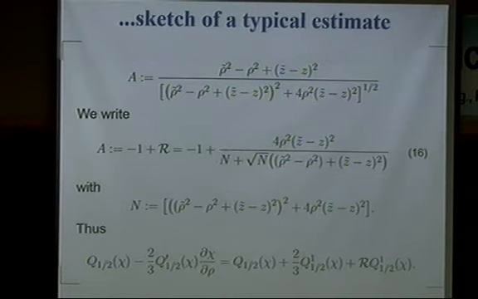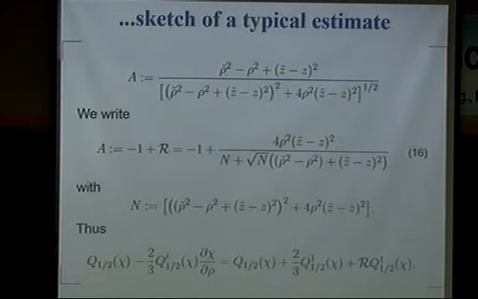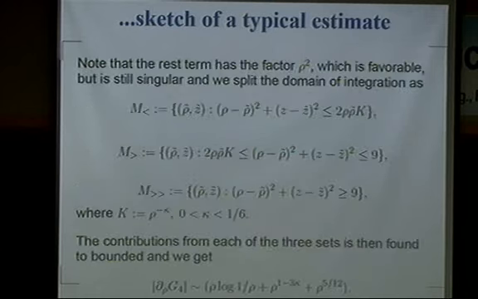But if you look at the first dominating part here, which is minus 1, and you plug it in here, then you exactly get this cancellation property of the Legendre function. So you get down here this guy, and this is the nice thing which decays like 1 over chi to the 7/2. Plus this rest term.